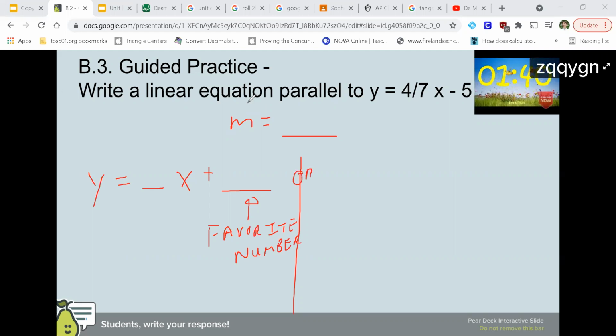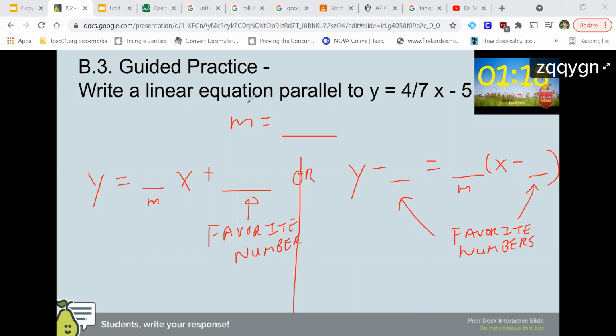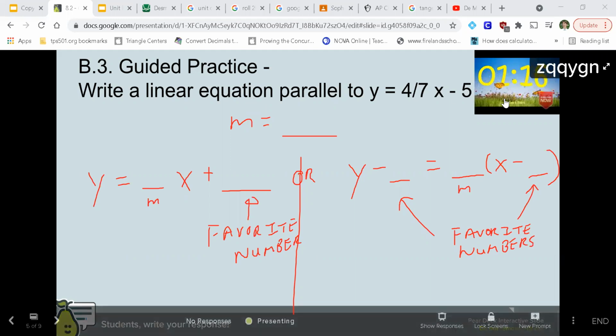Or if you prefer the other method, you get to pick 2 favorite numbers. That's what your answer should look like. Either one of those 2 with the blanks filled in.